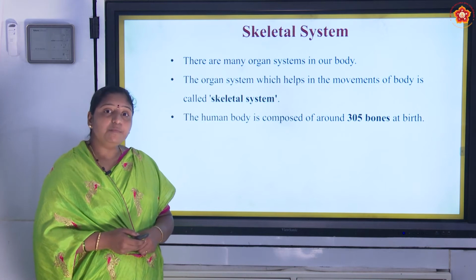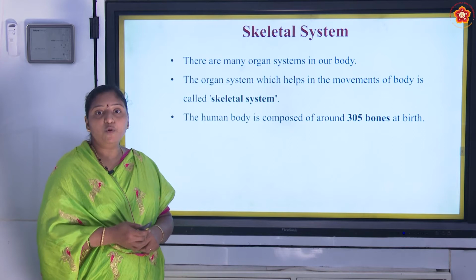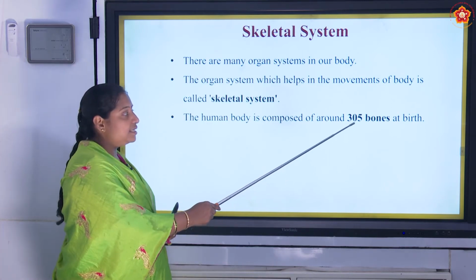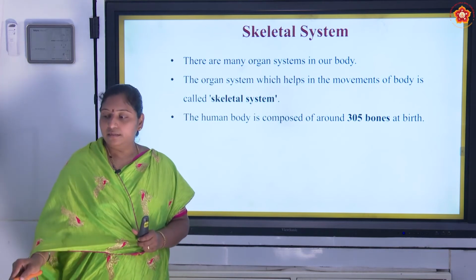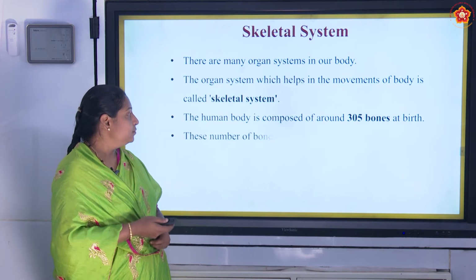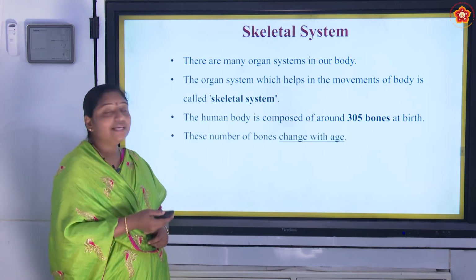Our human body is composed of 305 bones at birth. This number is at birth. The number of bones will change with age.